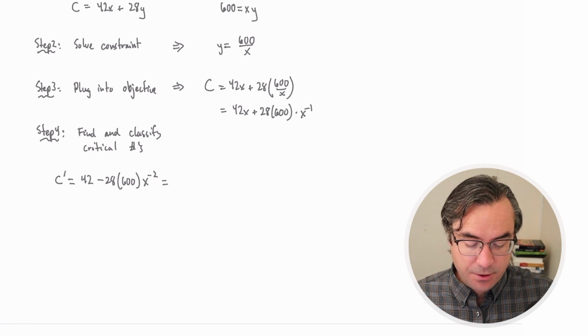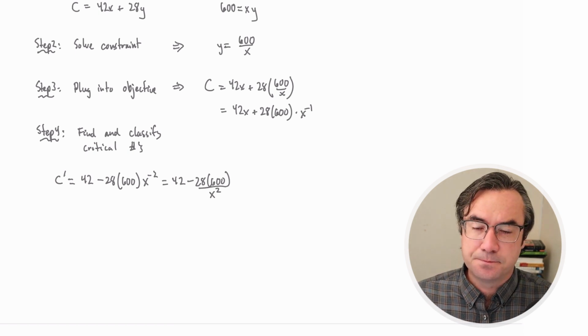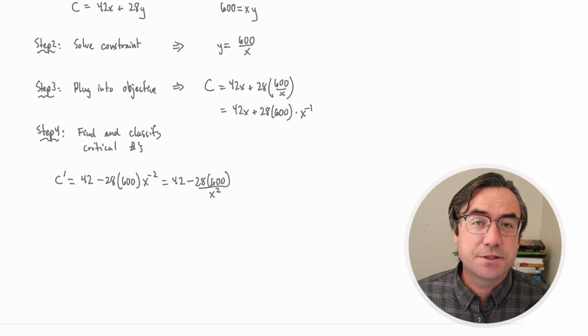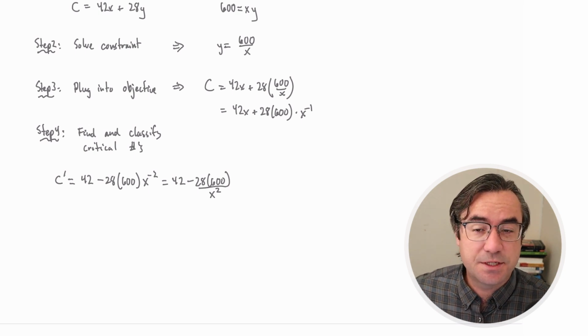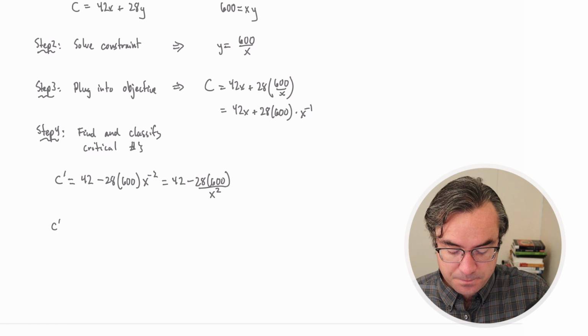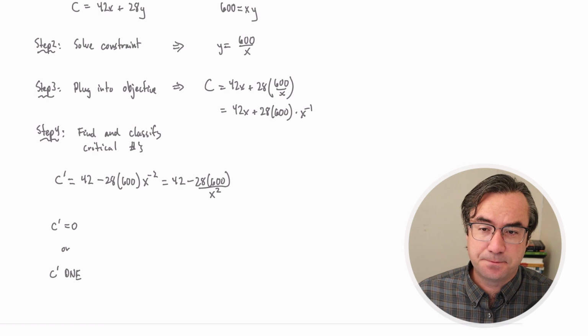So if we do that here, we get 42 minus 28 times 600 over x squared. Okay. So we want to figure out where is this equal to 0 and where does it not exist?